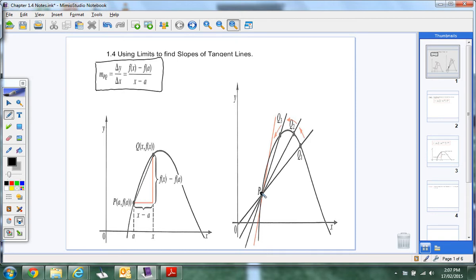And we're going to use limits because if I looked at this line's slope, then this line's slope, and then this line's slope, and I kept looking at how it's alternating, it's going to approach the actual slope at that point. So we're going to use a limit because it's going to keep getting closer to that point, just like our concept of limits, how it'll approach a certain number.